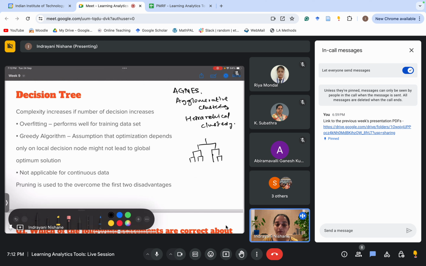The branching mechanism, how to construct these trees, the logic behind that is very similar to how we do agglomerative clustering or Diana clustering or hierarchical clustering.